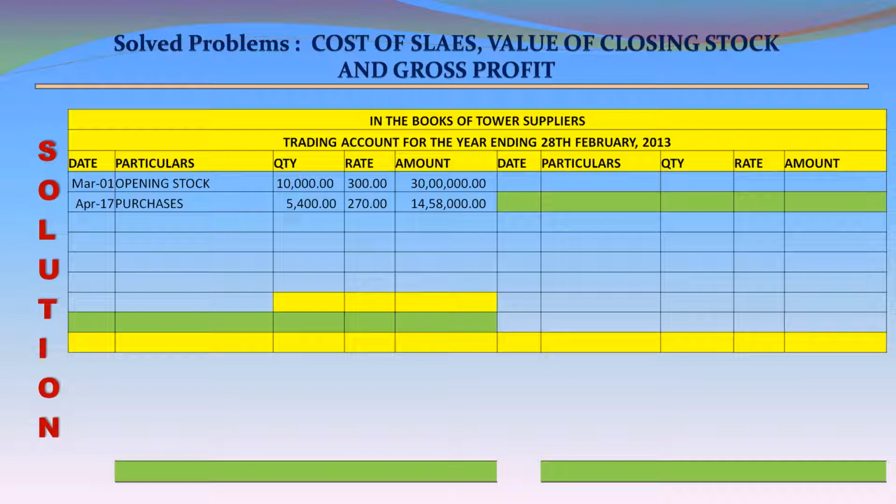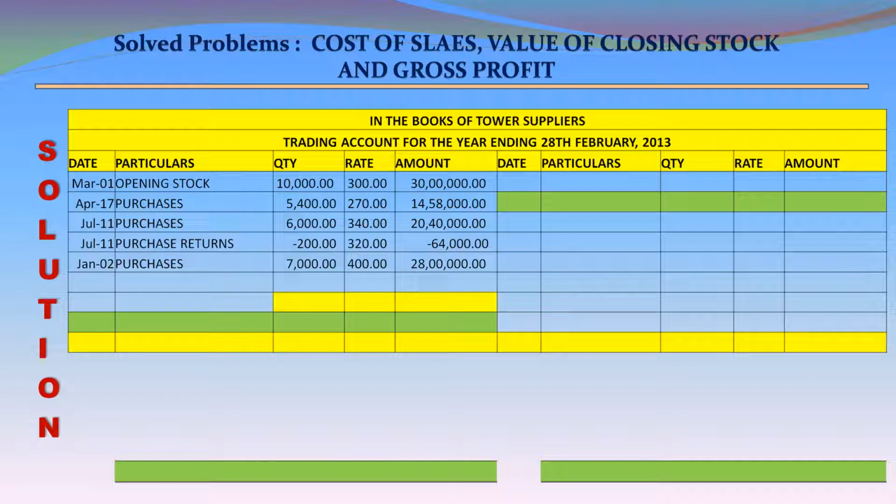April 17, purchases 5,400 units, rate 250 plus 20 carriage inwards 270, amount 1,458,000. July 11, purchases 6,000 units, rate 320 plus 20 carriage inwards, amount 2,040,000. July 11, purchase returns 200 units, rate 320, amount 64,000 minus.